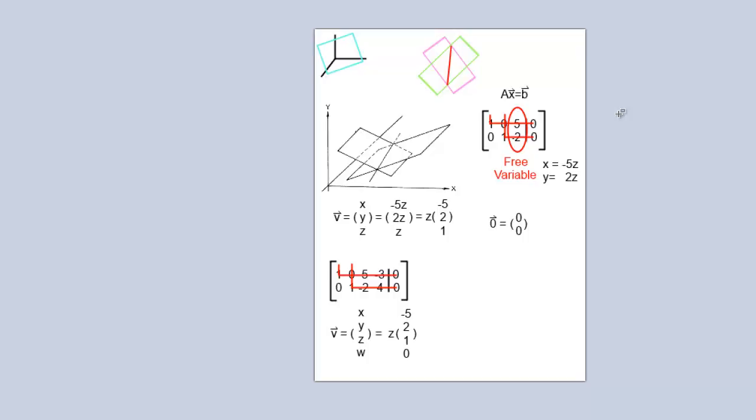But then we also have a second free variable, so we're going to define a second vector, again in the general term x, y, z, w, because w is the 4th dimension.